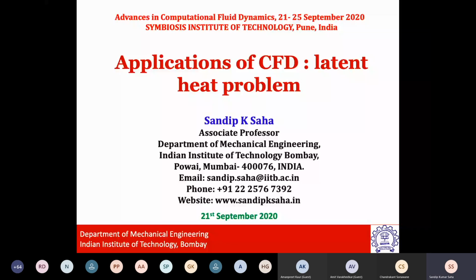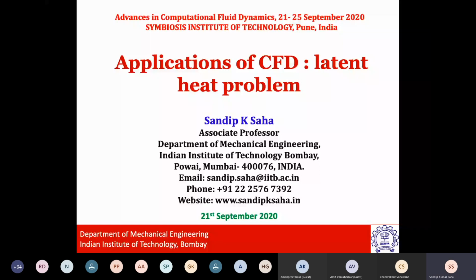So it's basically a fundamental modeling approach for analyzing latent heat problems, specifically solid to liquid phase change. Here I will take the example of phase change material and then go to the modeling approach.